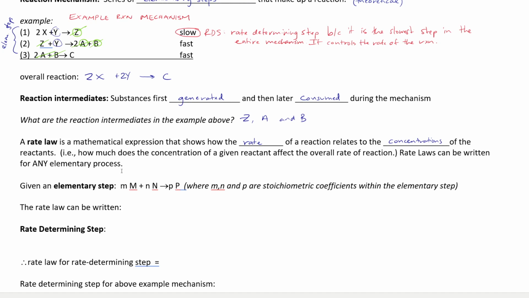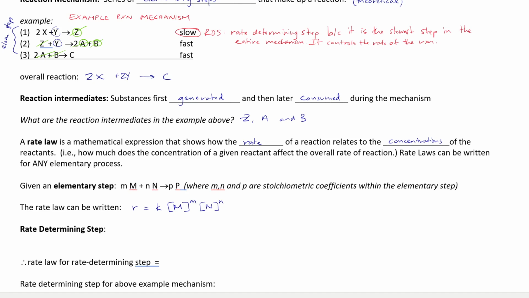The rate law could be written as follows. R, the rate, is equal to k, capital M raised to its stoichiometric coefficient, concentration of N raised to its stoichiometric coefficient.